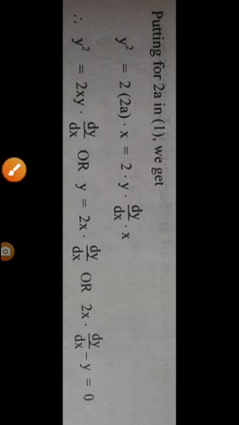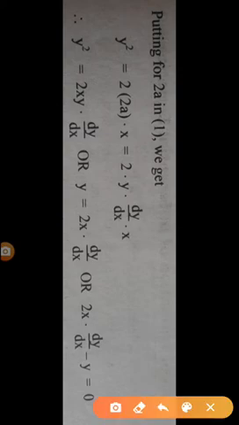Now after that, the first equation is y square is equal to 4ax.